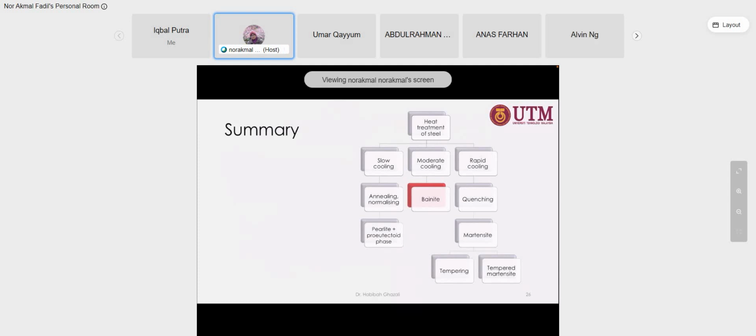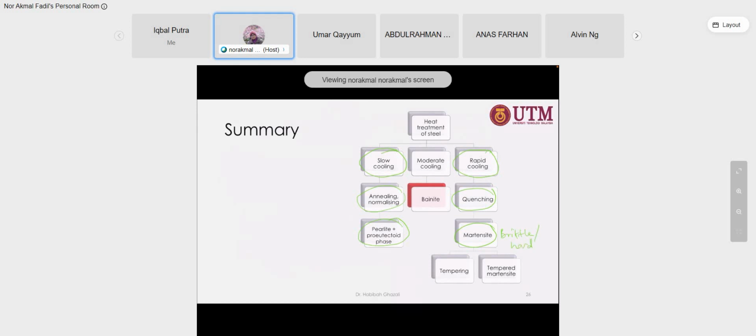By heat treatment, if you look at slow cooling, the processes involved are annealing and normalizing. It will produce pearlite and a proeutectoid phase. For rapid cooling in the quenching process, we can get martensite, which is brittle or hard.